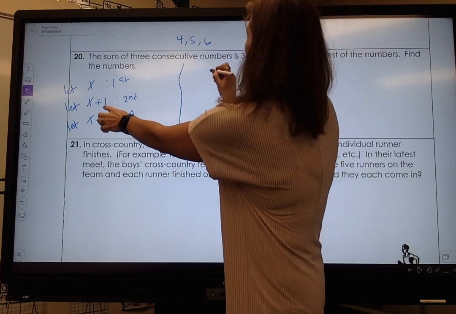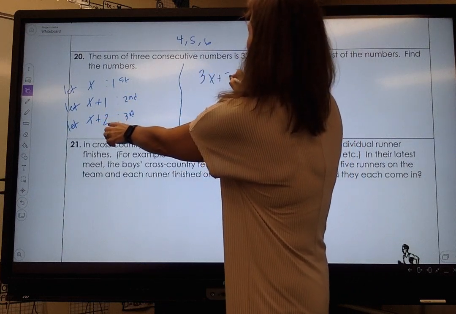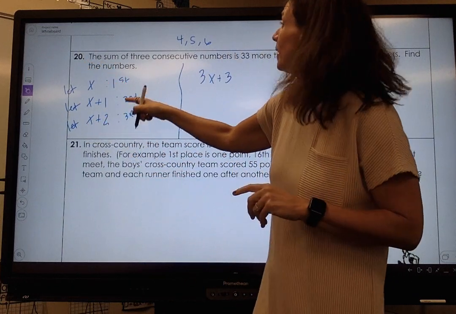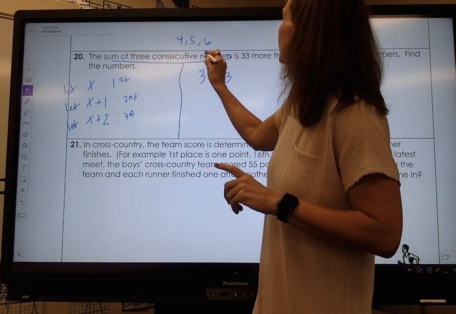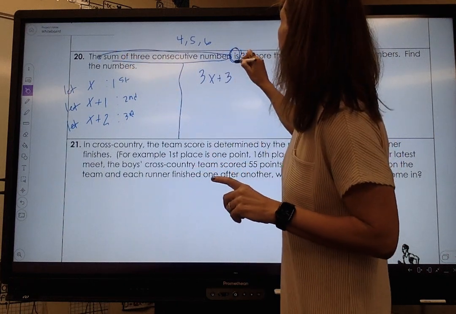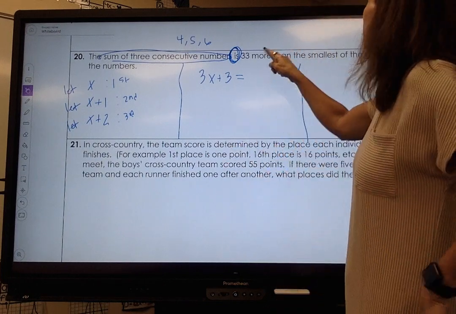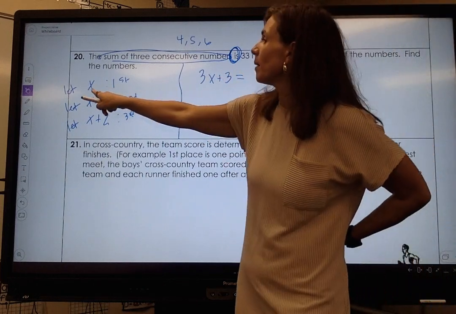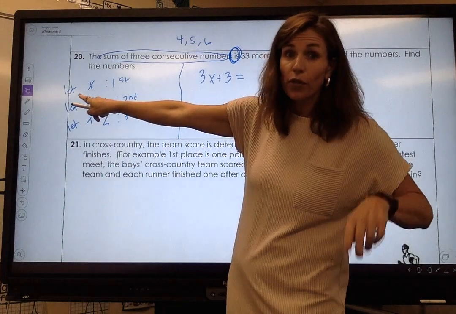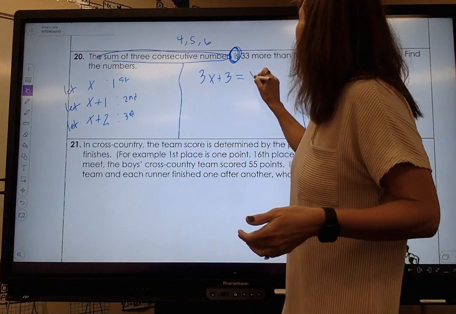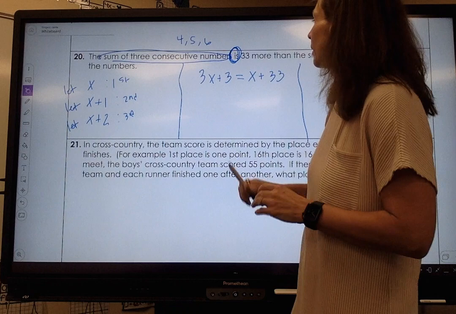Now it says the sum of 3 consecutive numbers, that's me adding them together, right? So the sum would be 3x plus 3. But I'm not done. It says the sum of 3 consecutive numbers is, what does is mean? Equals, is 33 more than the smallest of the numbers. That's my smallest number. 33 more than is going to be x plus 33, okay?